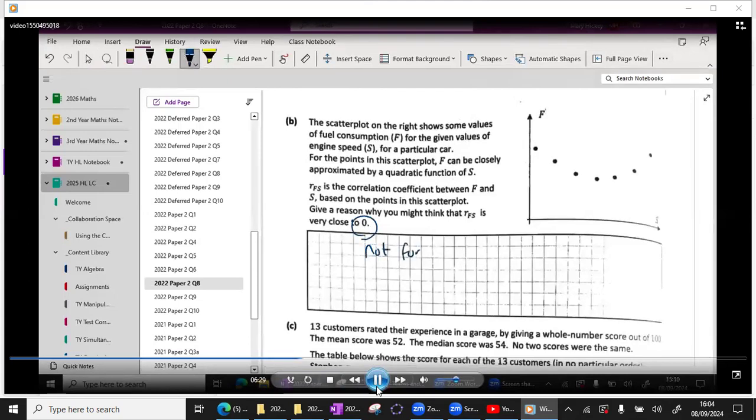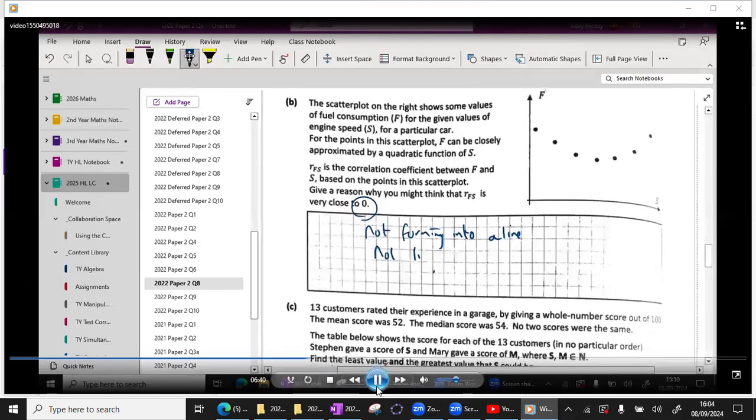So in other words, it's not linear, and we can see here that this one looks more like a quadratic. So for those reasons, I would think that's why the correlation coefficient will be close to zero, because it certainly doesn't look linear, it looks quadratic.